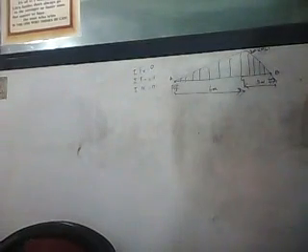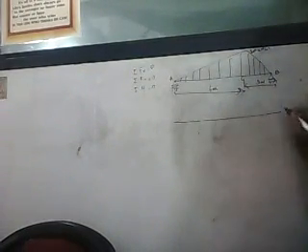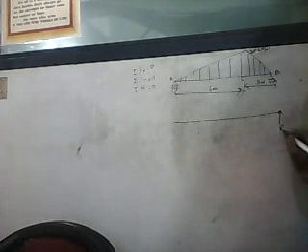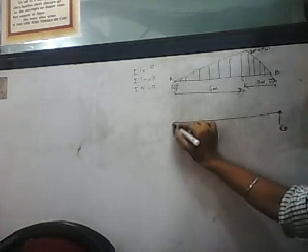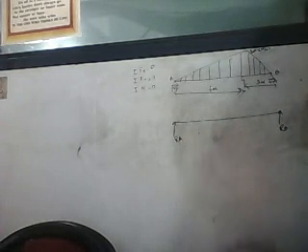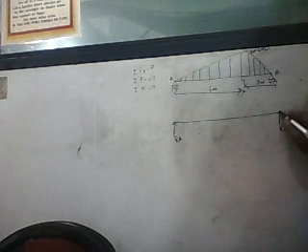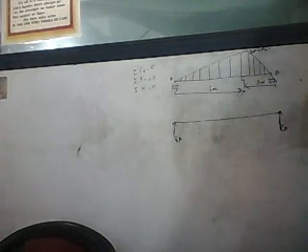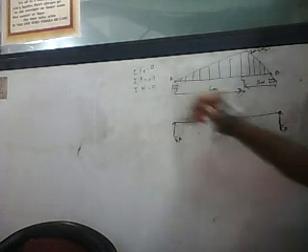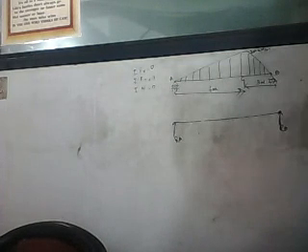This thing is clear to you, what I am saying? This is RA, this is RB. Okay. And this VL is 0 to 200.